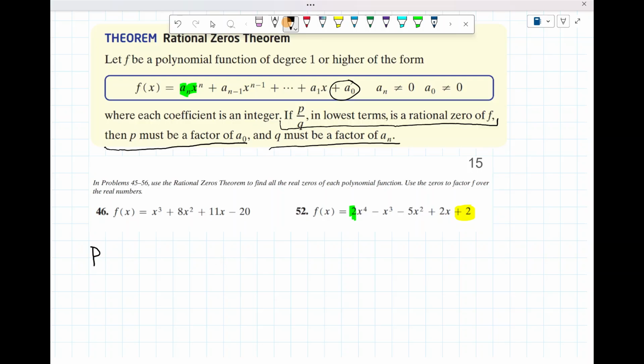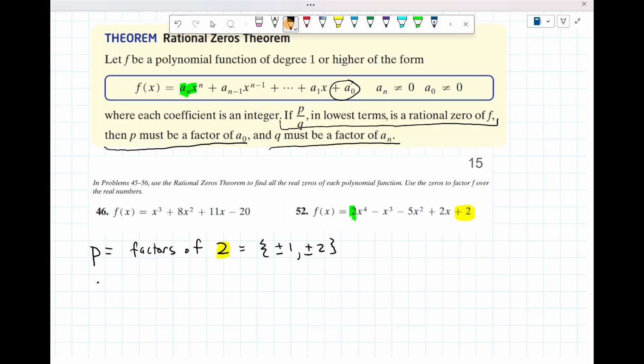I like to just make a list. So I'm going to find all the factors of 2, and that would be plus or minus 1 and plus or minus 2.